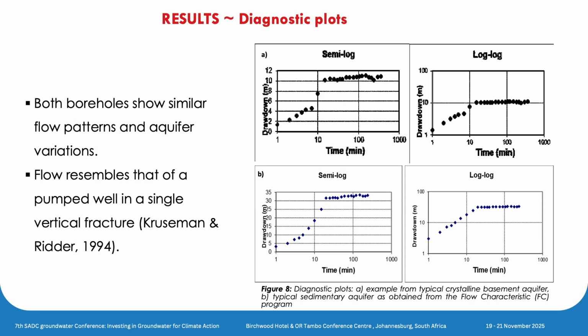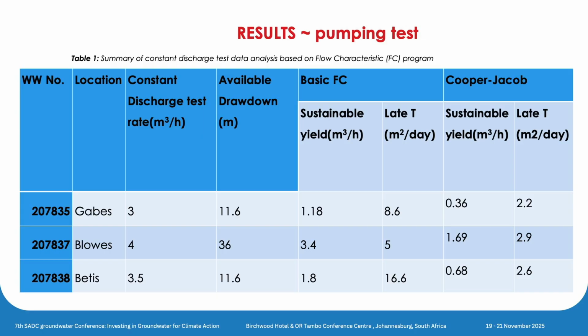And these are the diagnostic plots as obtained from the FC method. They all show similar trends, and they resemble those of a typical well pumped from a single vertical fracture, based on Klusman and Rada. And this is the summary of the pumping test analysis, the estimation of the sustainable yield and transmissivity.